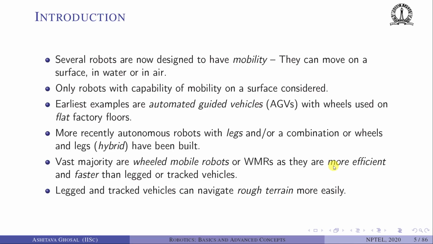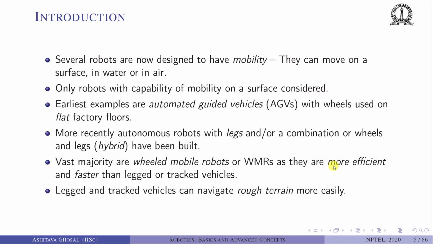More recently, autonomous robots with legs and/or combination of wheels and legs, which are also called hybrid, have been built. Okay, so one of the robots which I had shown you in one of the previous lectures was a quadruped. So that is a mobile robot with 4 legs. The vast majority of mobile robots, also sometimes in these lectures I will say WMR, are wheeled mobile robots.